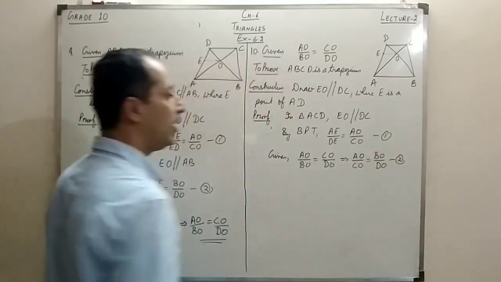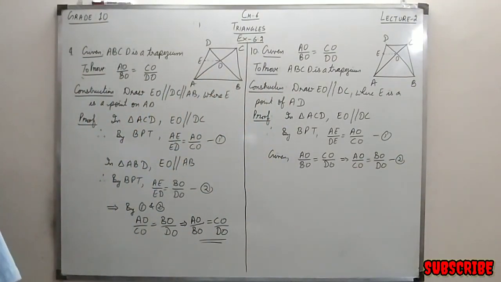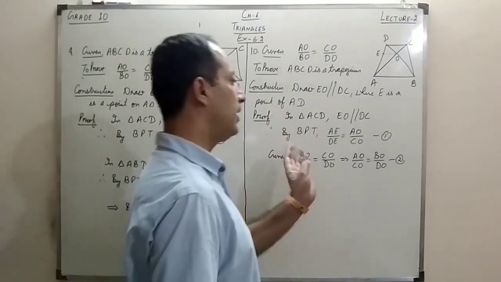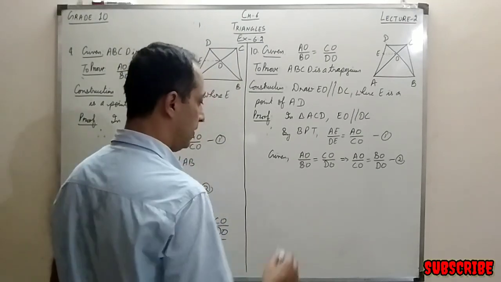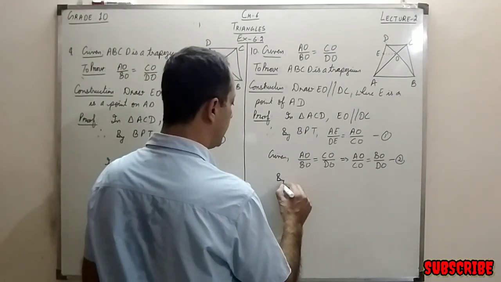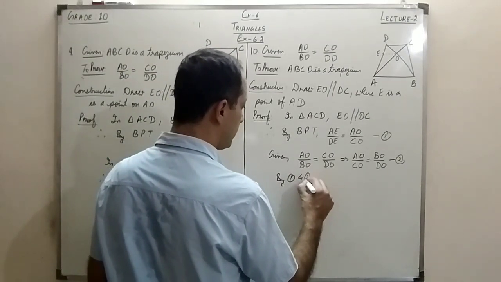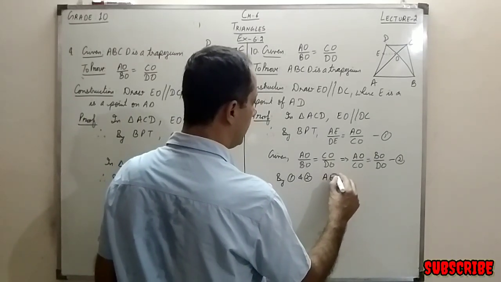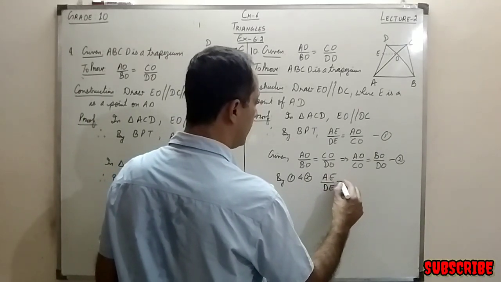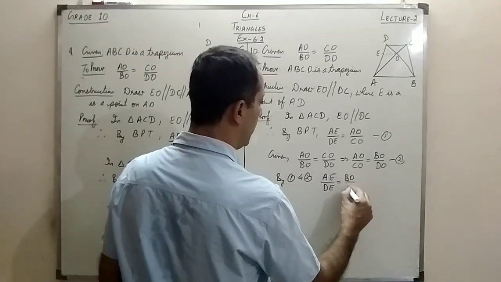Now if I compare 1 and 2, the RHS of 1 and the LHS of the second are the same. So it means the LHS of 1 and the RHS of the second will also be the same. So by 1 and 2 I can say AE by DE is equal to BO by DO.